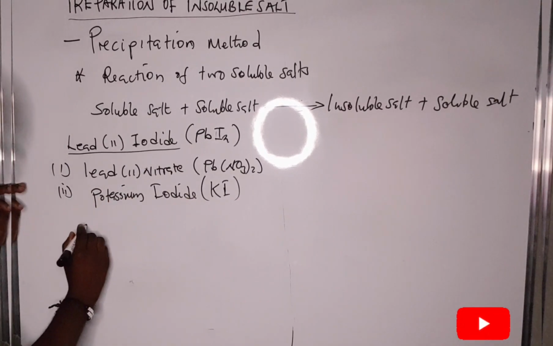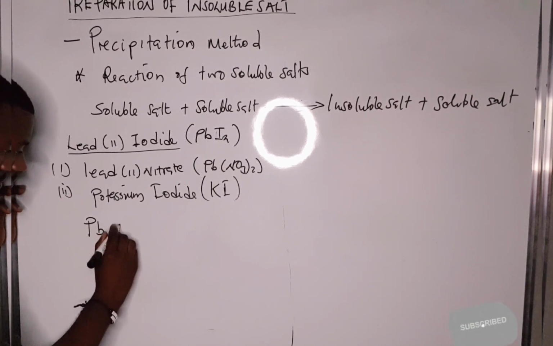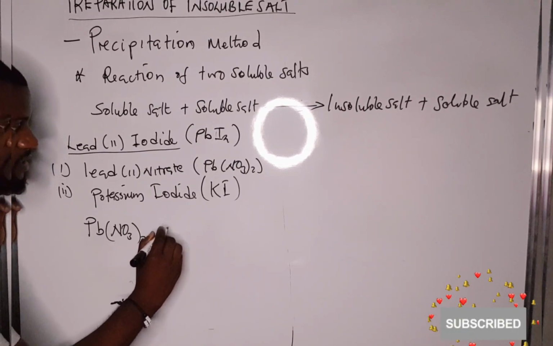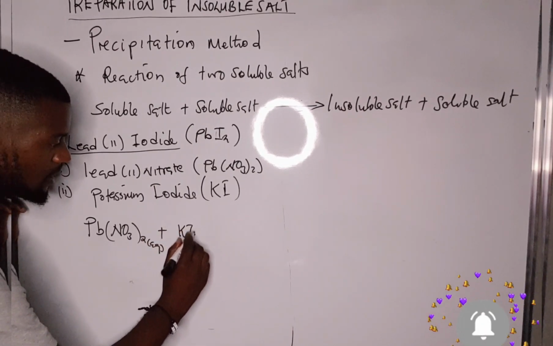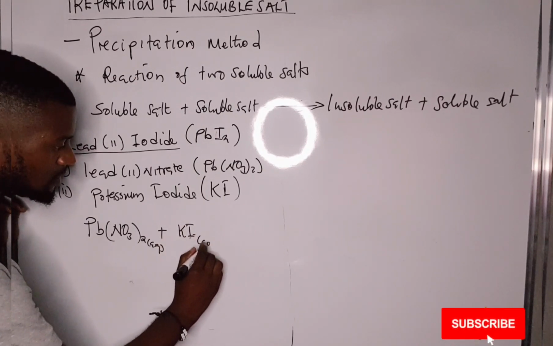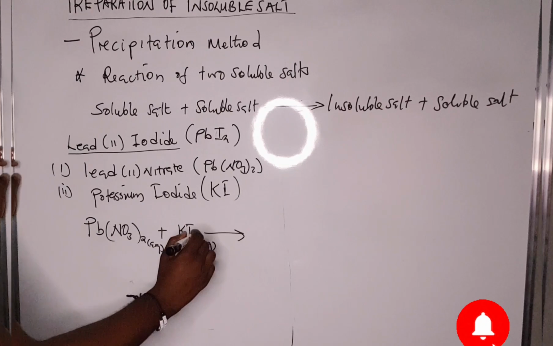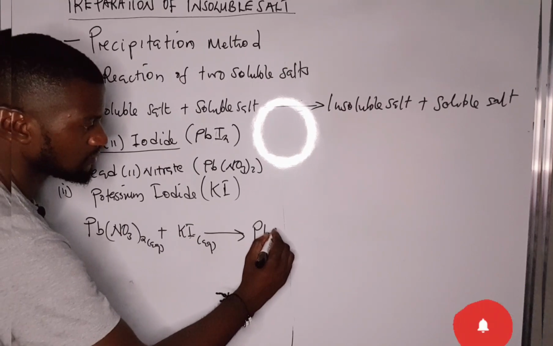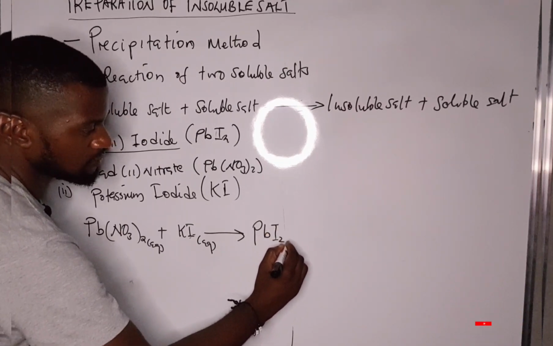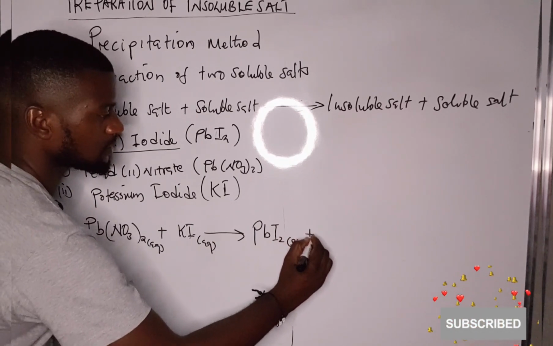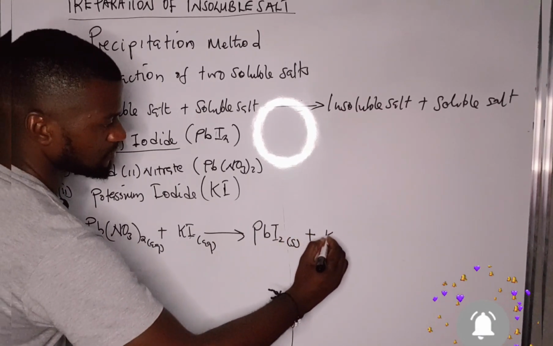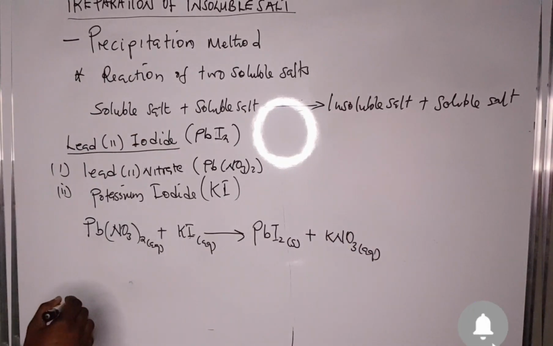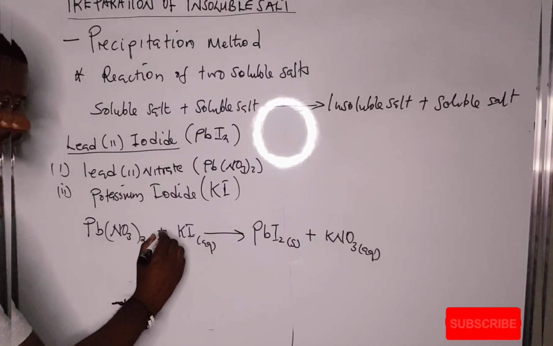So lead nitrate aqueous reacts with potassium iodide aqueous to give us lead iodide solid and potassium nitrate aqueous, and it is very important to ensure that the equation is balanced.